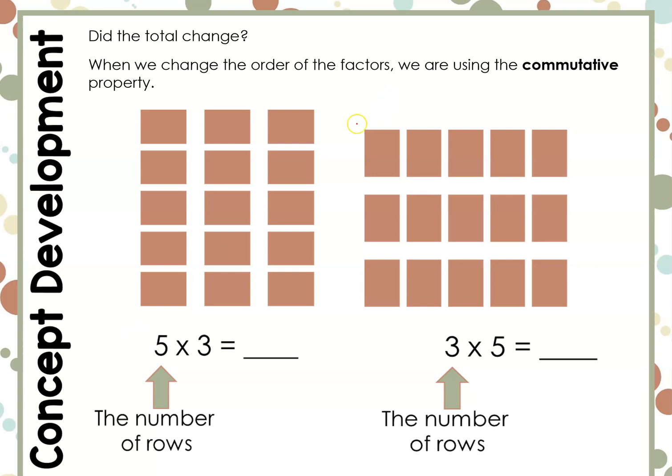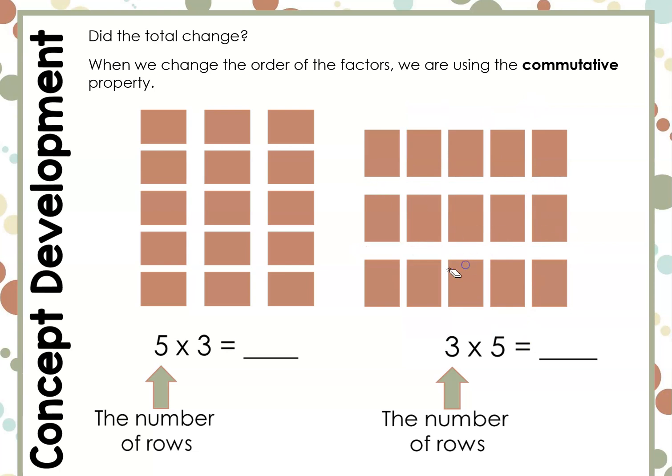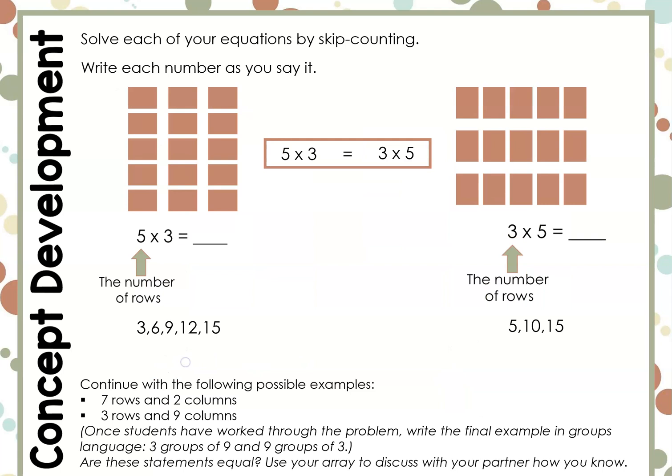Okay, because we couldn't still look at this array here and say that it was 5 rows of 3 because that wasn't true anymore. Okay, when we look at this array, we see we have 3 rows and 5 columns. So it wasn't 5 times 3 anymore. It became 3 times 5. Okay, so the total didn't change.